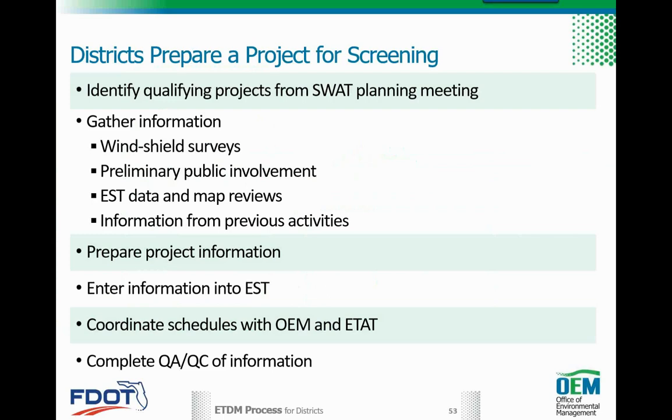Your folks are working to gather and input all of those details into the project description and those preliminary environmental discussions. And ultimately, after all this information is gathered and populated and put into the environmental screening tool, you're looking and coordinating your schedules, and you're completing your internal quality assurance and quality control of the information. So this is sort of important, and I'll show you a slide in a moment that shows the stair-step progression.